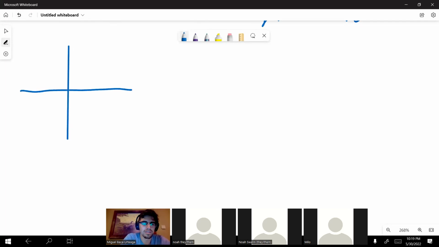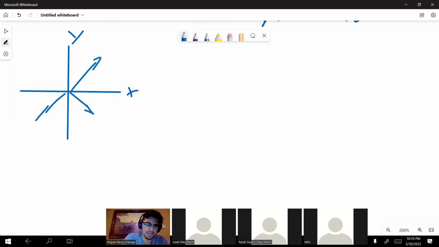X and Y. Now this is going radially out from the center, in just about every direction. At every 45 degrees, there is a vector. I committed to drawing this, didn't I? Okay, let's see.